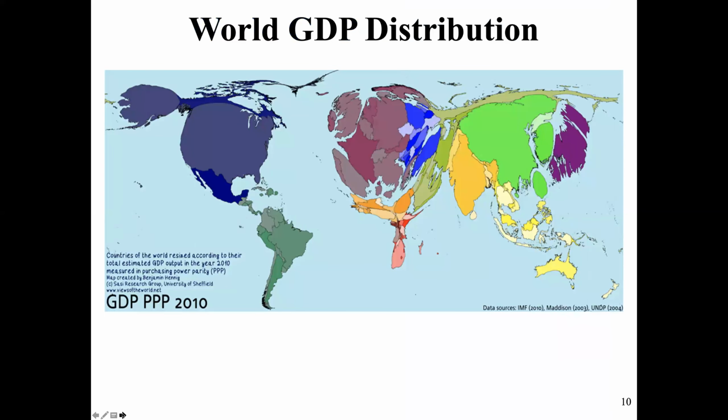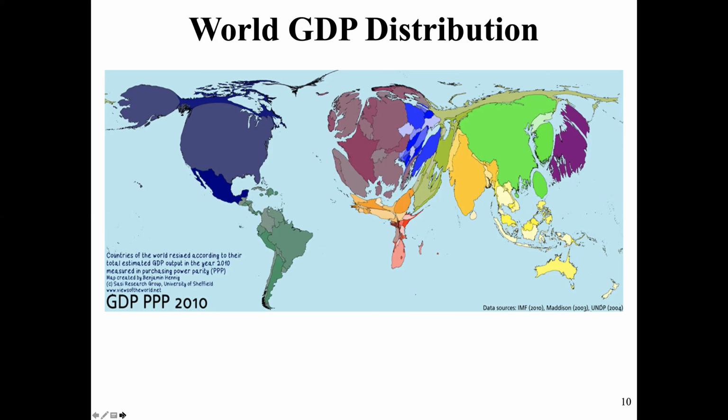This is a world map showing GDP per capita, so GDP per person, which we'll talk about in a second, but it weights the size of the country based on GDP as opposed to square mileage. So you can see which areas of the world are ballooned and which areas of the world are shrunken based on their GDPs.